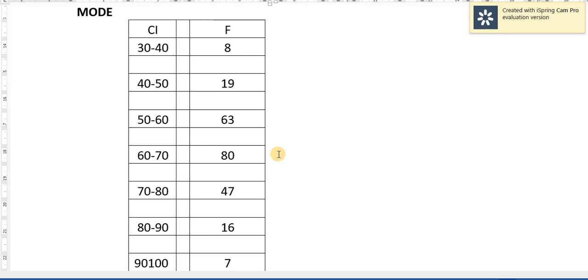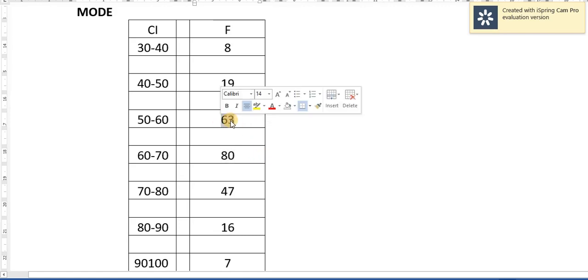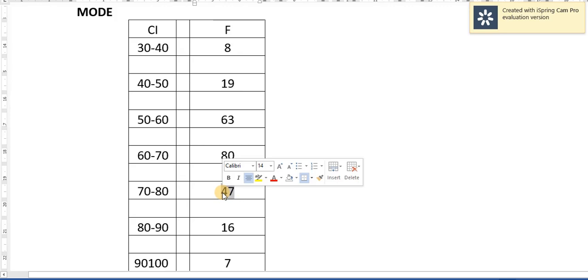F0 is the frequency preceding the modal class, and F2 is the frequency succeeding the modal class. Here 80 is F1, then 63 is F0, the preceding frequency of the modal class.